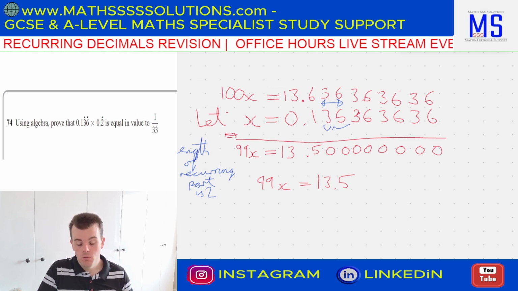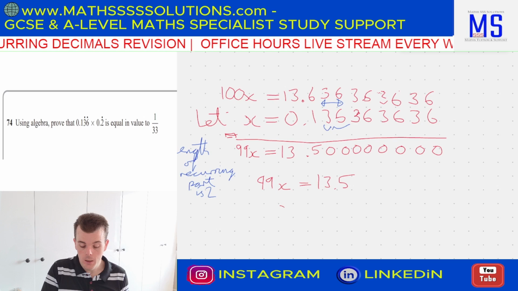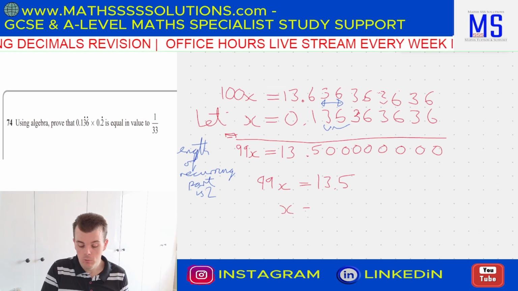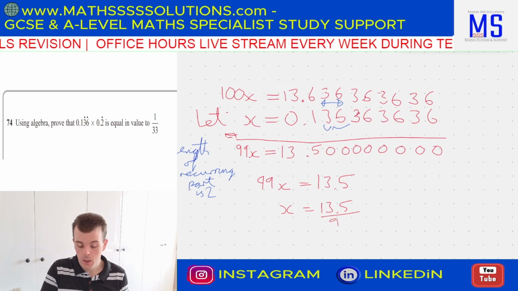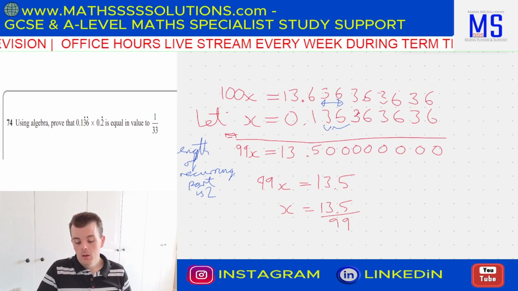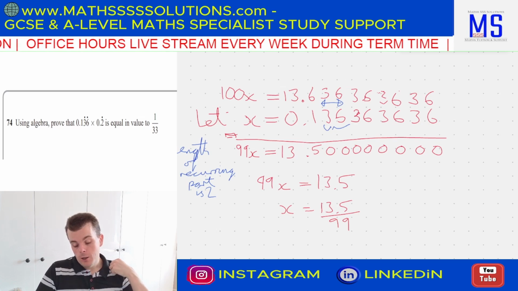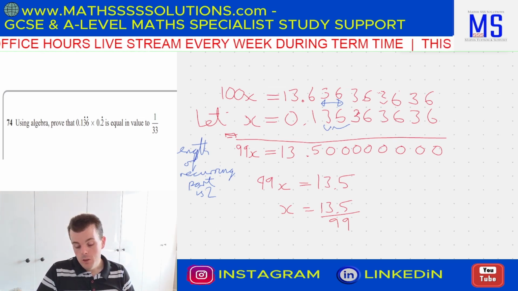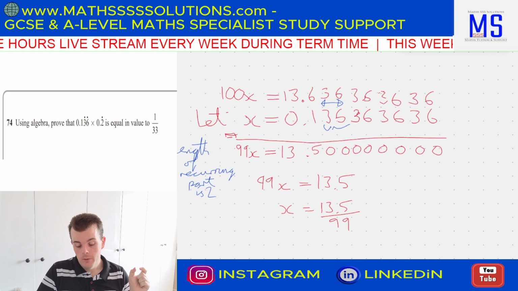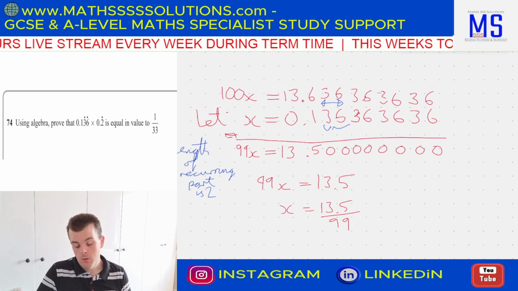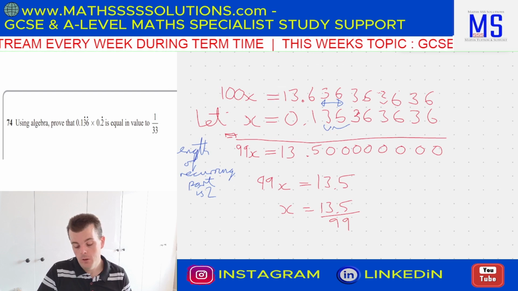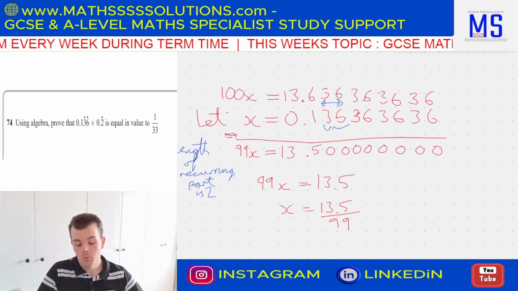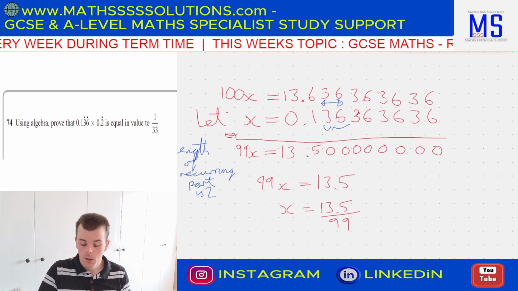Then remember to divide through by your 99, so x equals 13.5 over 99. This is strictly not a fraction yet because it's still got a decimal, and this is where the technique of using 1000x and 10x differs from using just 100x to start off with and then manipulating your decimal into a fraction at the end.